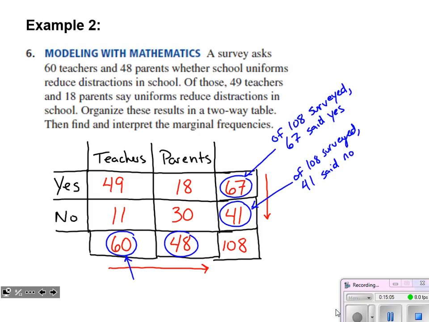Okay, and then across the bottom, of the 108 surveyed, 60 were teachers, and of the 108 surveyed, 48 were parents.